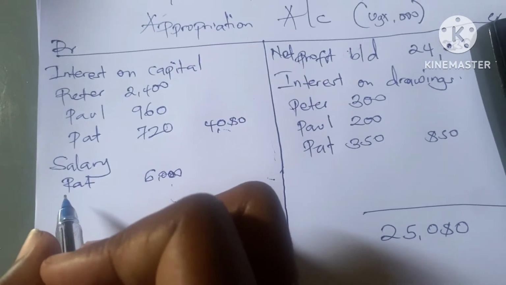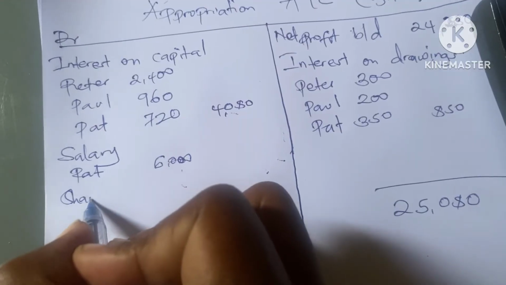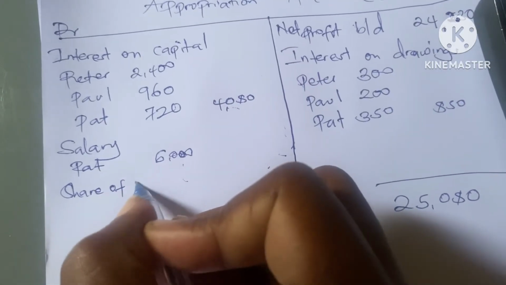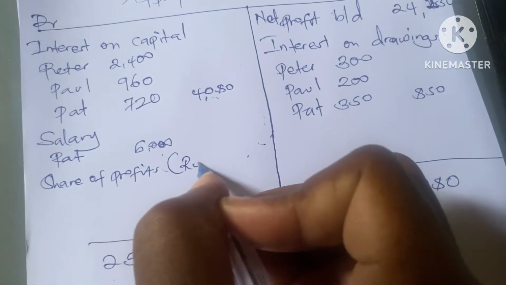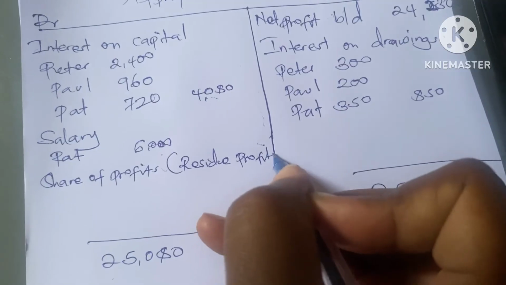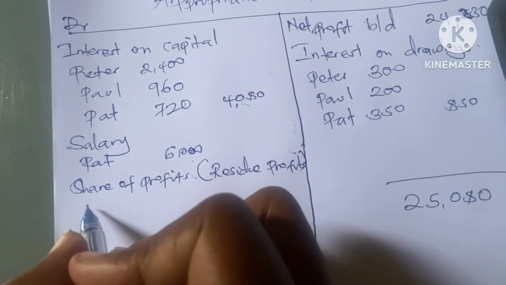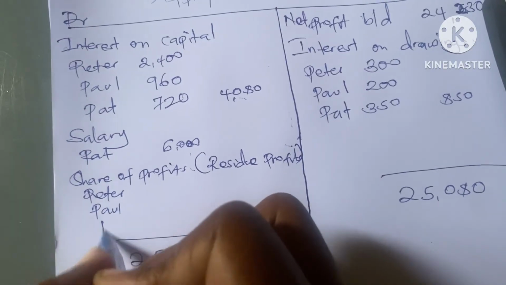Then we shall have the residue profits, or the share of profits. We have 3 partners: Peter, Paul, and Pat.